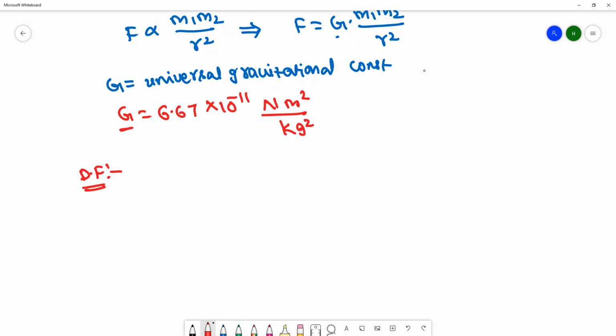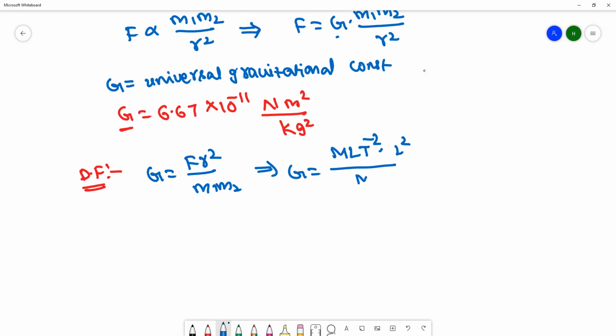So here G you can write as F into r square divided by m1 m2. Force dimensional formula we already know, M L T power of minus 2. R is the distance, so L square, divided by two masses, so M power of 2. You can write G is equal to M power of minus 1 L cube T power of minus 2.